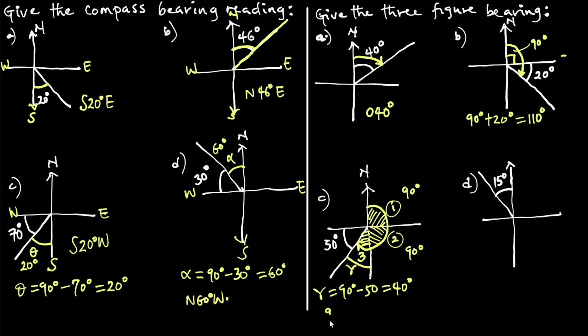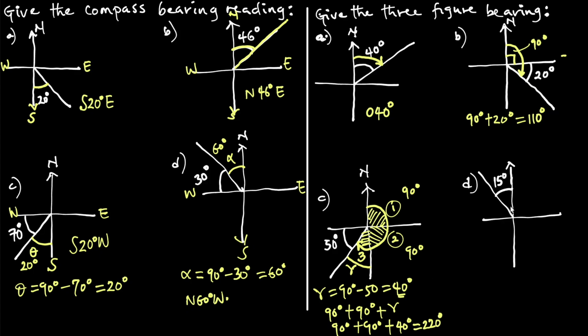Our reading should be 90, the first 90, plus the second 90, plus whatsoever we obtain as gamma. So that would be 90 degrees plus 90 degrees plus 40 degrees. You cannot use this angle. That's why we calculated this. So this is going to be 180 plus 40 degrees. This is 220 degrees.